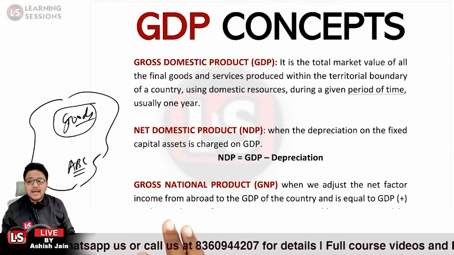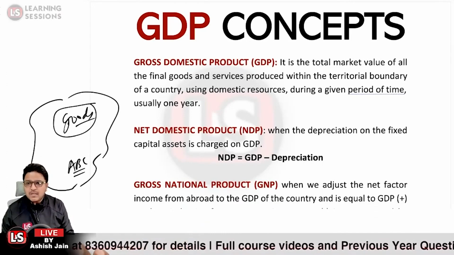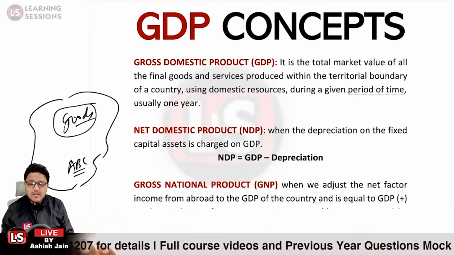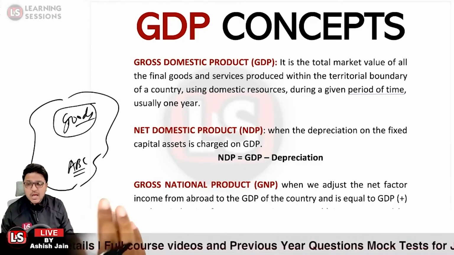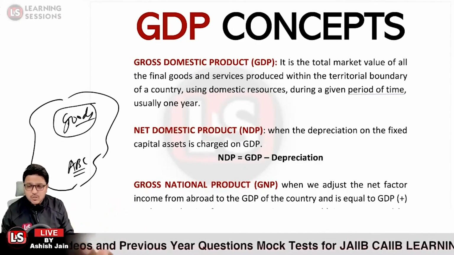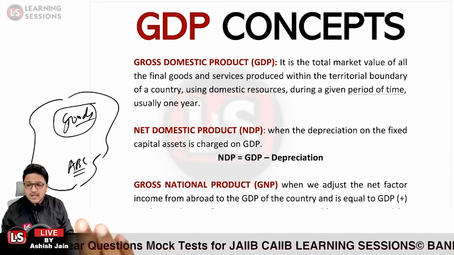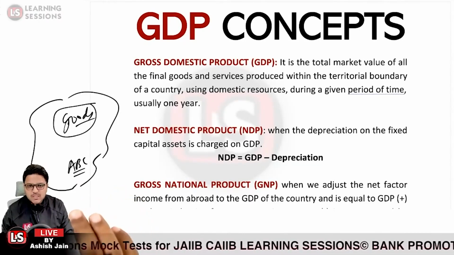And when we talk about the NDP, the net domestic product, whatever capital assets have been utilized to render the services or to manufacture the goods, there must be some deterioration, some wear and tear, that is the depreciation, which must be subtracted.